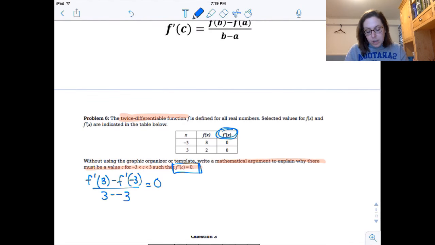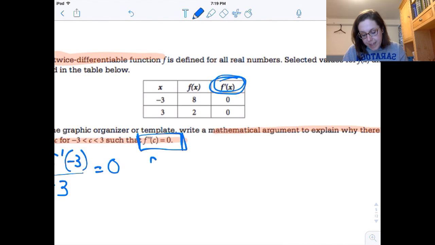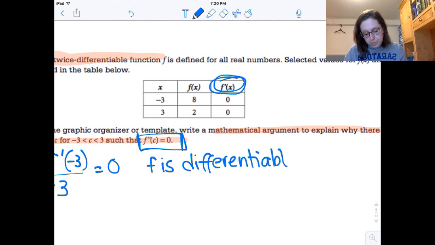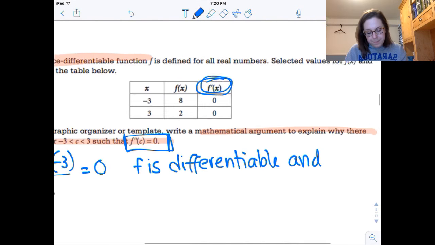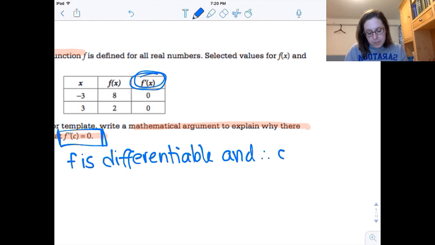So here's what I would say. f is differentiable and therefore continuous on negative 3 to 3.